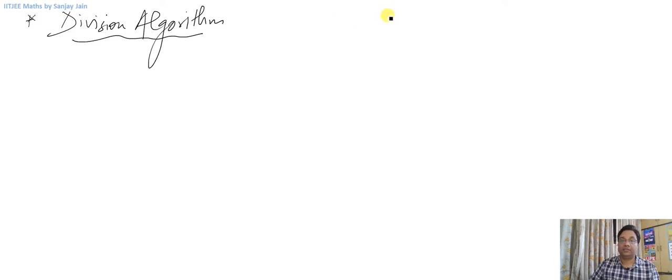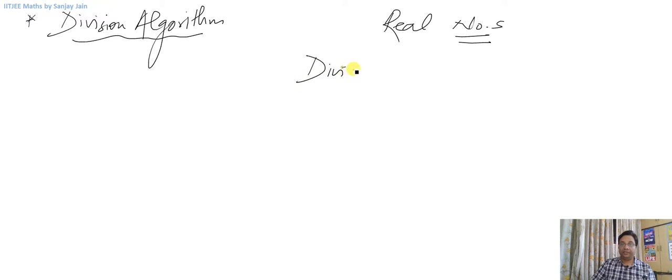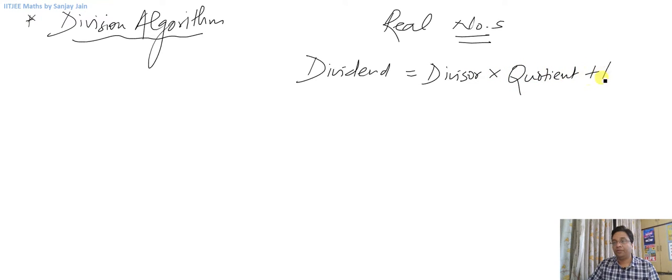Okay, now another topic that is left in polynomials is the division algorithm. I hope you have done the real numbers chapter before this, and if you have, we talked about something like: dividend is equal to divisor into quotient plus remainder, and we said that this remainder is always lesser than this divisor, right?